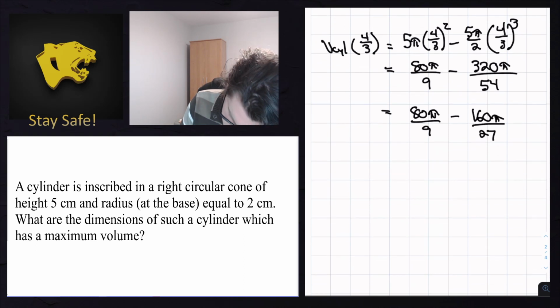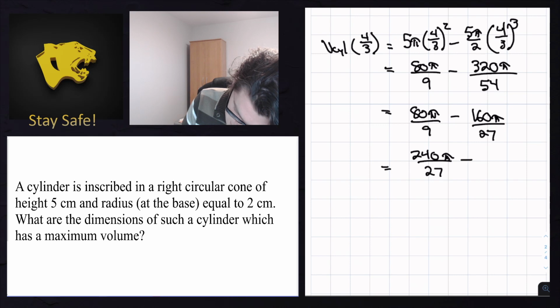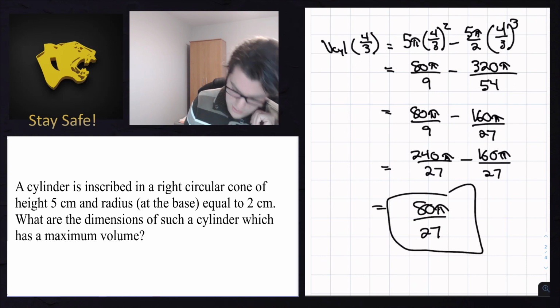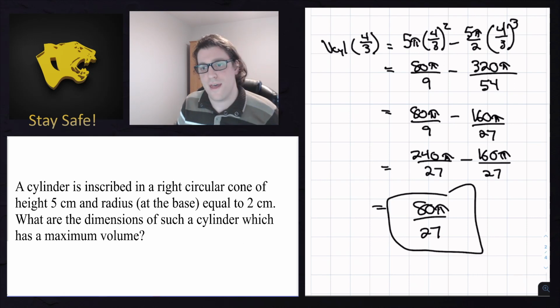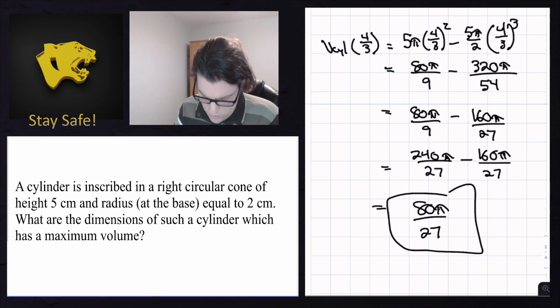And then I could put them both over 27. I guess I'm just doing all this by hand just because. 240 pi over 27 minus 160 pi over 27, which gives us 80 pi over 27 as a volume. So apparently, hopefully, that is the lowest possible volume.